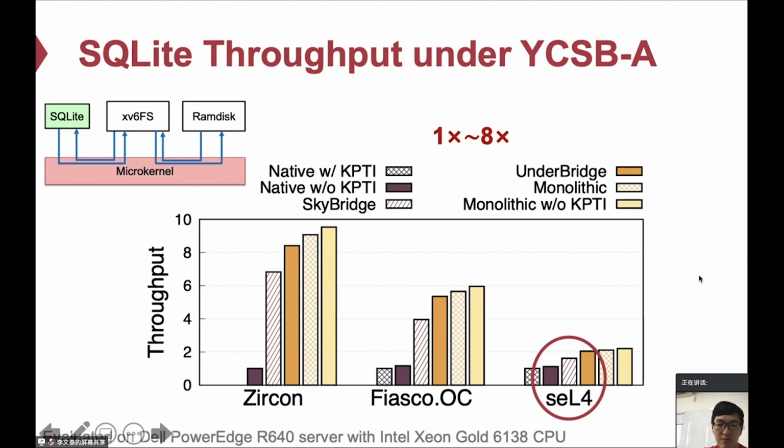Compared with SkyBridge, UnderBridge can also improve the throughput by up to 35%. So, in IPC-intensive benchmarks, UnderBridge can bring obvious performance benefits.